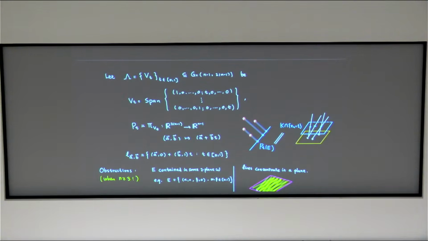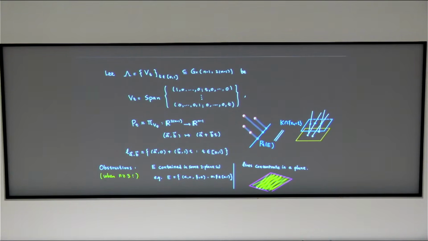Here I'm writing it in this form just to try to convince you that this is indeed a curve that somehow lacks curvature. Suppose this is our set E. The projection images PT of E are those blue points, and this equals the following.